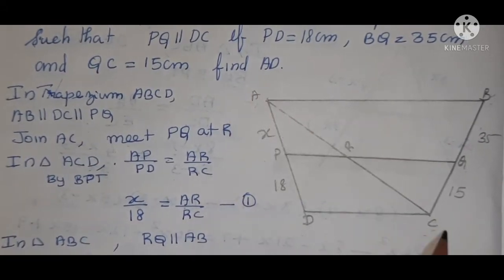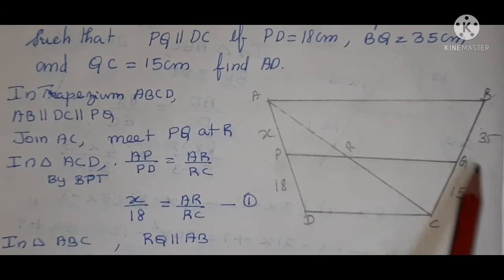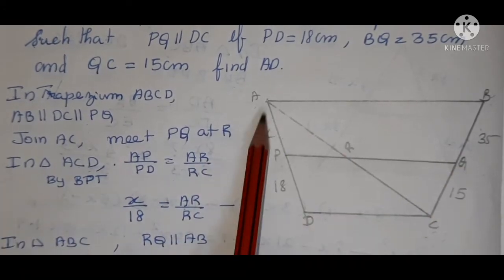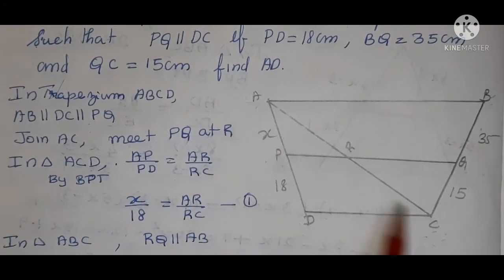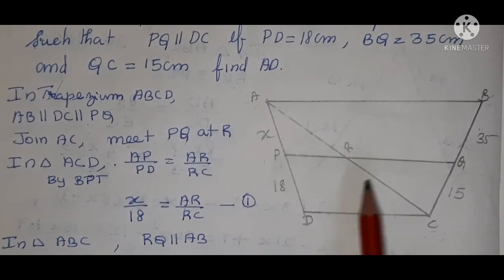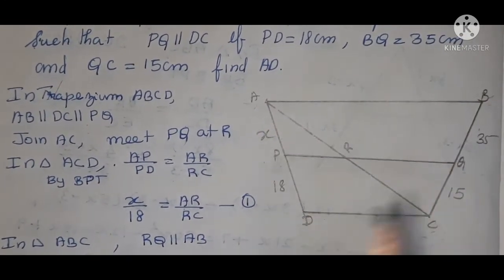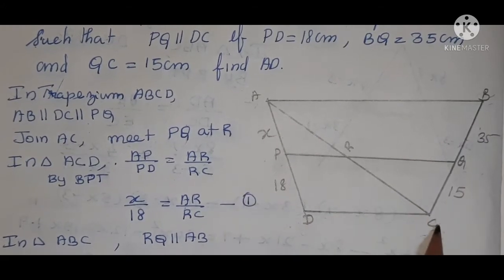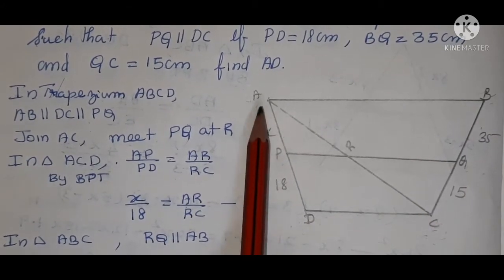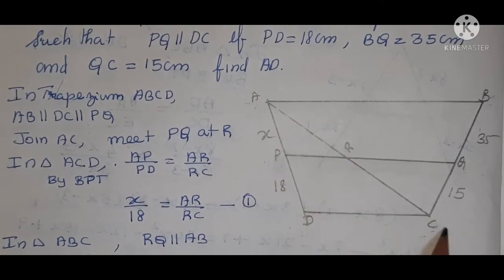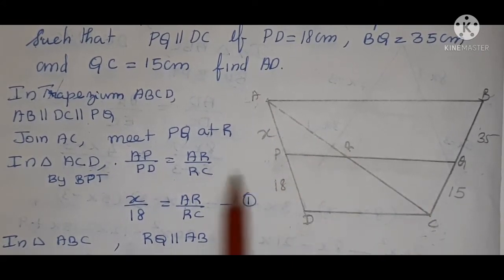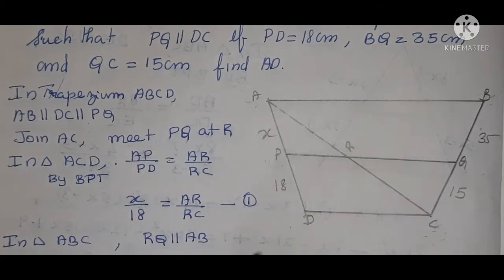Join AC, which meets PQ at R. We get two triangles, ACD and triangle ABC. In triangle ACD, AP by PD is equal to AR by RC by BPT.